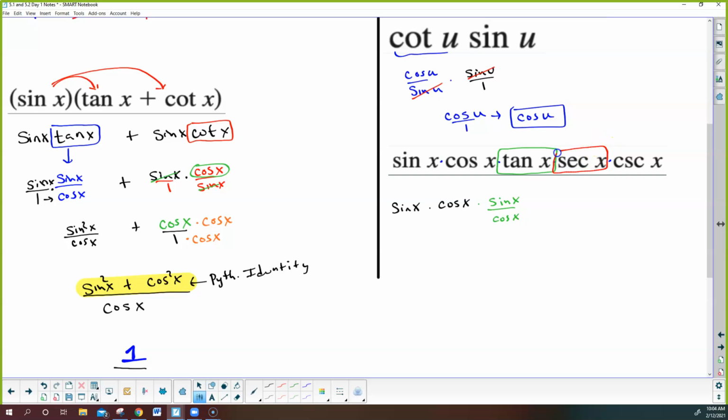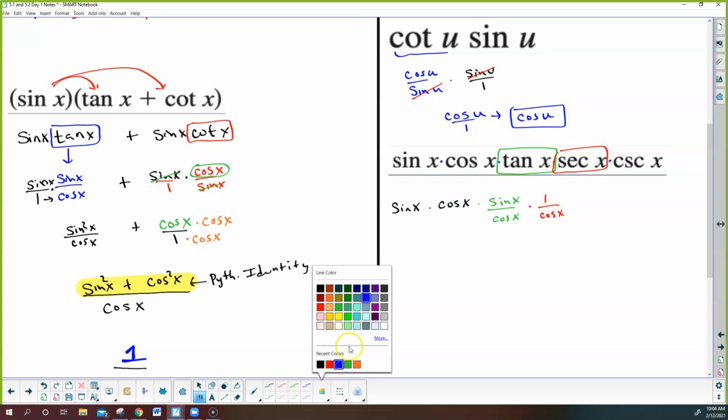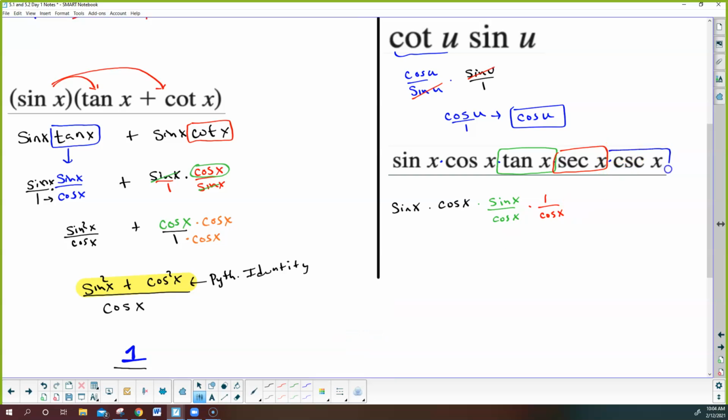Well, I hinted at this last time we learned it. If I spell secant backwards, this abbreviation, it looks like cosine. Not identical, but it's the same as 1 over cosine. And then cosecant is the reciprocal of sine. So that's going to be 1 over sine.